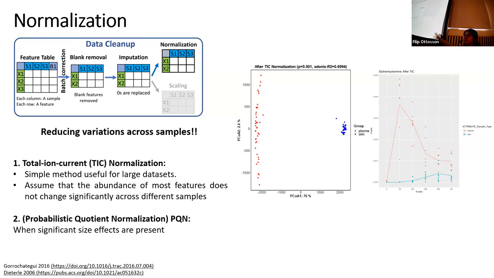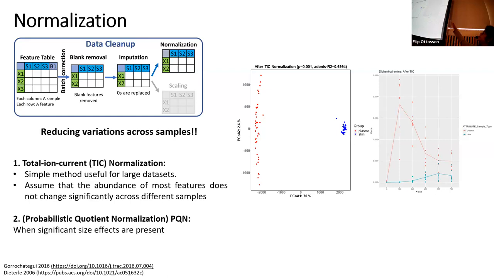And it is perfect for our data set because we have injected diphenhydramine in all the subjects and the effect size is small. However, if you have a significant effect size, where you're looking at a control group versus, for example, a diseased versus healthy state, where something is administered to one group and not another, PQN would be a better choice.